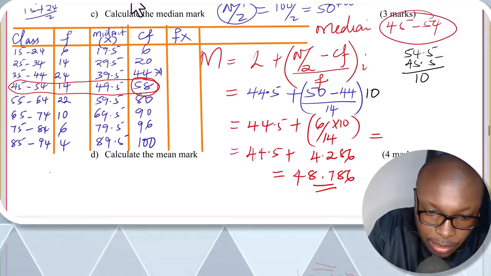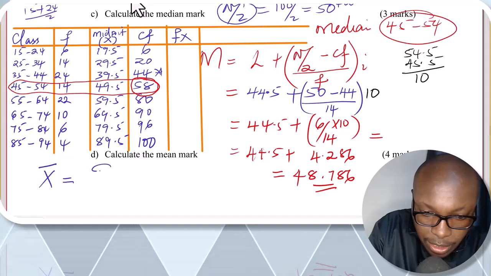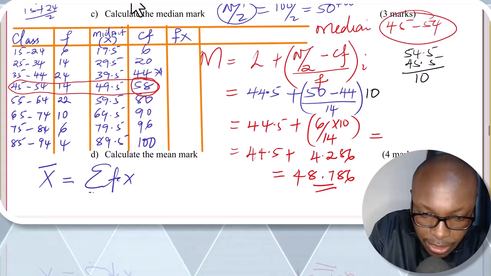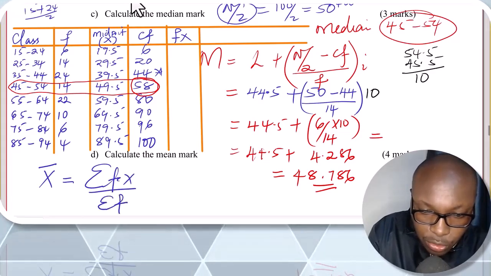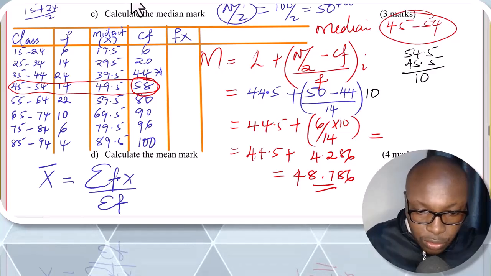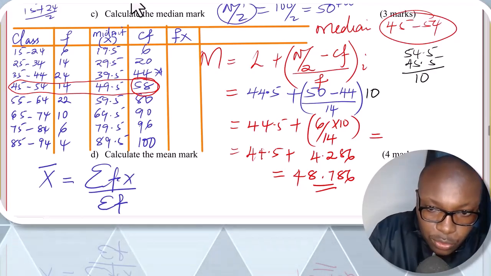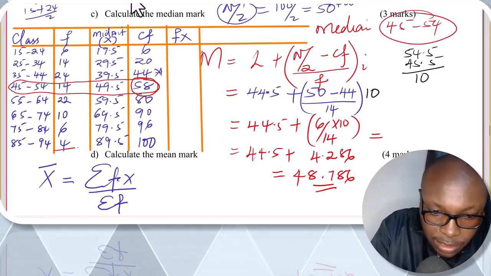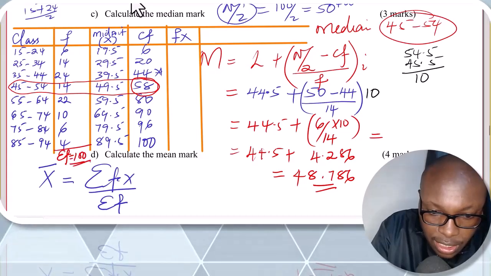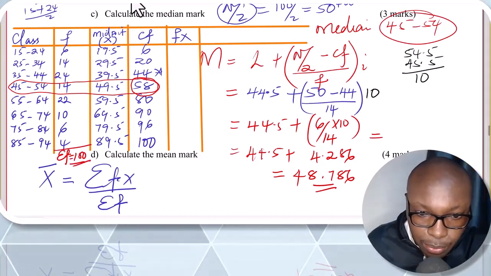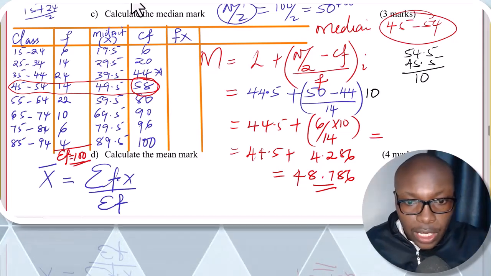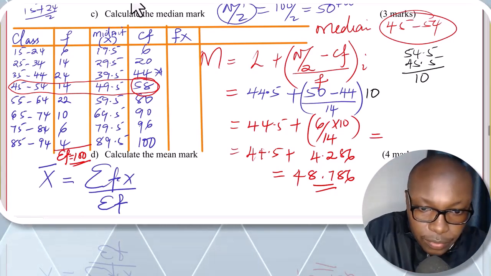Because the mean is given by the summation of fx divided by the summation of the frequency. The summation of frequency, we have that here. It is 100. So we need this product. Use a calculator to work that out.